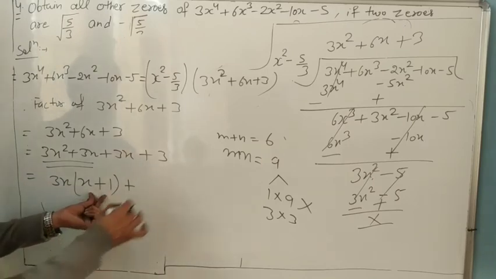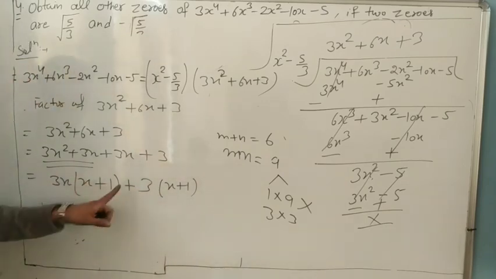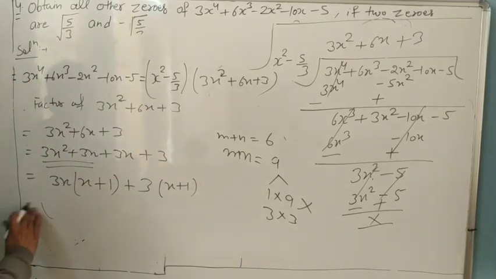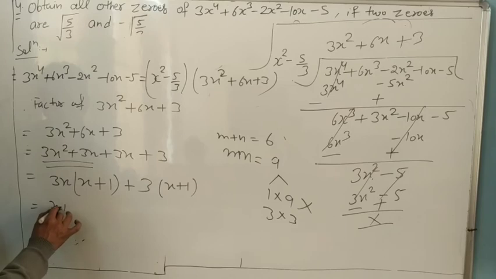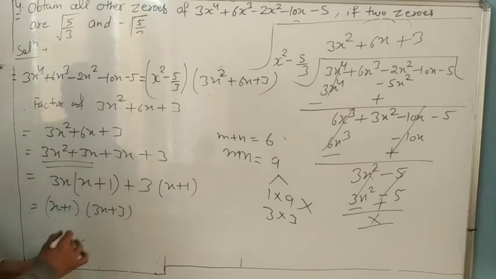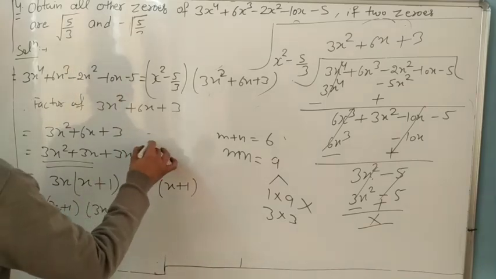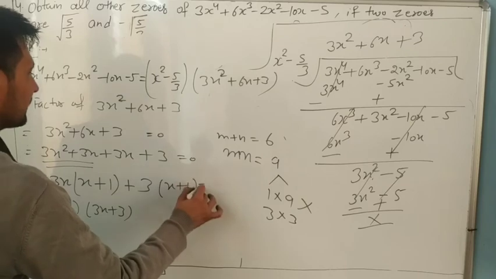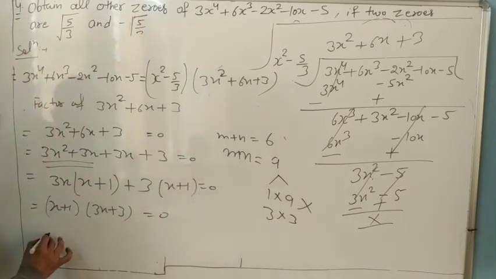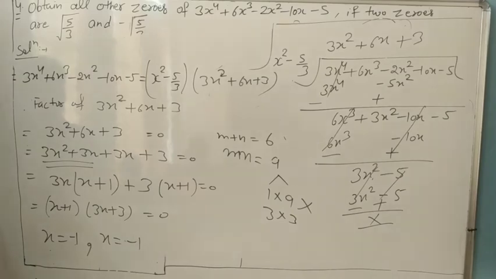What remains? x plus 1. We should take plus 3 common. Okay. Now it means again x plus 1 common. What remains? 3x plus 3. So it means the product of two numbers is zero, so if you want to find factors, equate to 0. So x equals minus 1 and x equals, it comes also minus 1.